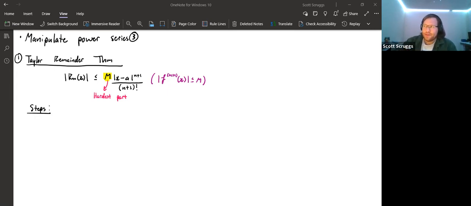The general steps, a way to tackle how to calculate and do these problems: first thing we need to do is figure out what the n plus 1 derivative of the function is. So first step, determine what the n plus 1 derivative of f is. I need to take derivatives in order to discern what that's going to be.